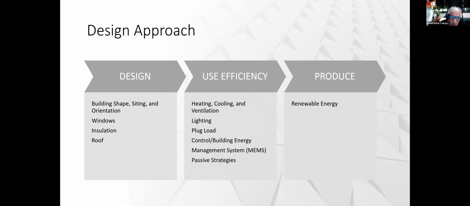Then the type of windows that you use, the type of insulation, and the type of roof that we have. So when builders look at these things, the initial design is, as I said, that they have to decide what shape building you want to have, where it sits, and what orientation it has. Then windows, what type of windows we're going to use, and what is the ratio of the area of the window to the total area of the wall.